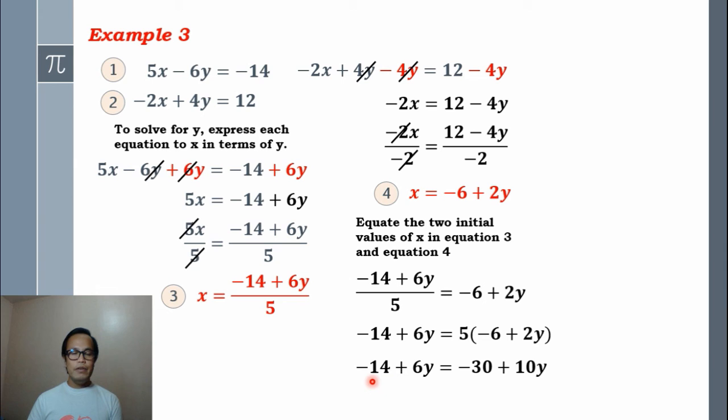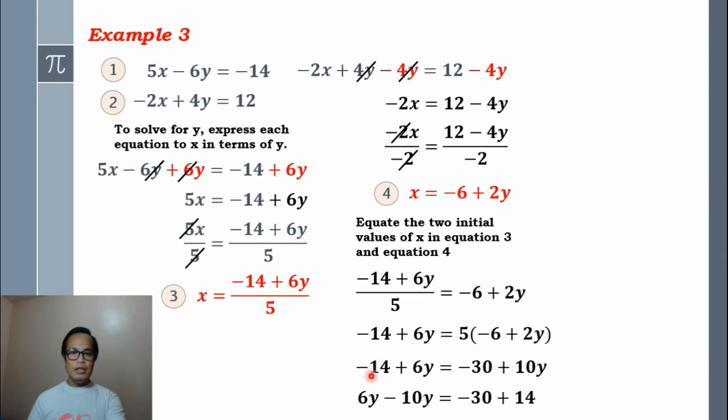We copy the left side of the equation, negative 14 plus 6y equals 5 times negative 6 is negative 30, and 5 times 2y is positive 10y. Again, all the variable y shall be at the left side of the equation and the constant at the right side. So we copy the 6y, and since we have the 10y here, we have to subtract 10y from both sides. Then we copy negative 30.